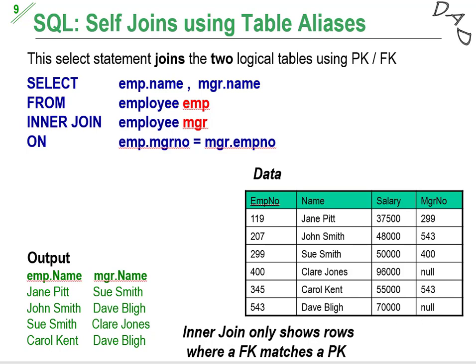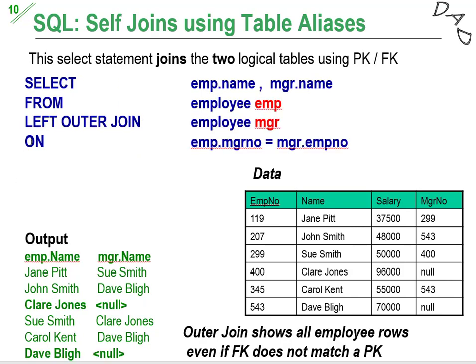In order to avoid that, we can use left outer join or right outer join. In this case, I'm using the left outer join. Same query, I replace it with the left outer join. In the left outer join, my left table data will display irrespective of the null values.